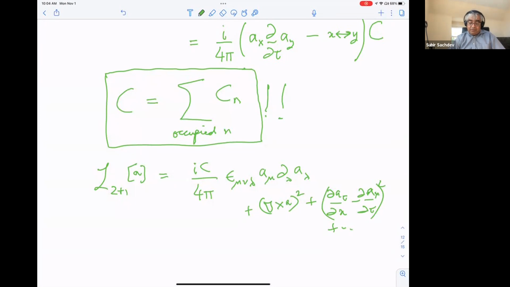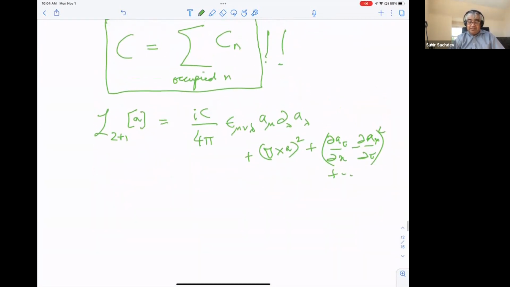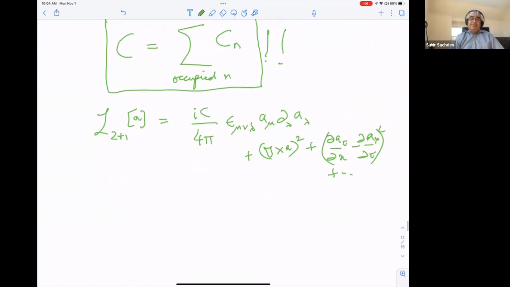Okay, so now continuing our discussion of the bulk, what does this mean? What does this Chern-Simons term imply? Here I am going to punt, so to speak. I'm using an American football term, actually. I don't know what the equivalent term in cricket is. Anyway, I'm not going to go through a discussion of Chern-Simons gauge theories. I think you can find it in many places, and in fact, there are also notes that I have on it.